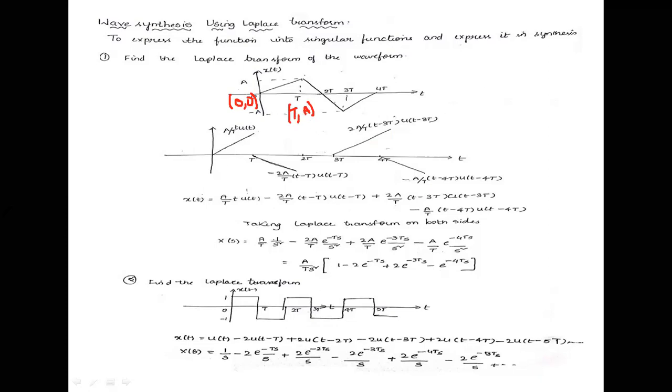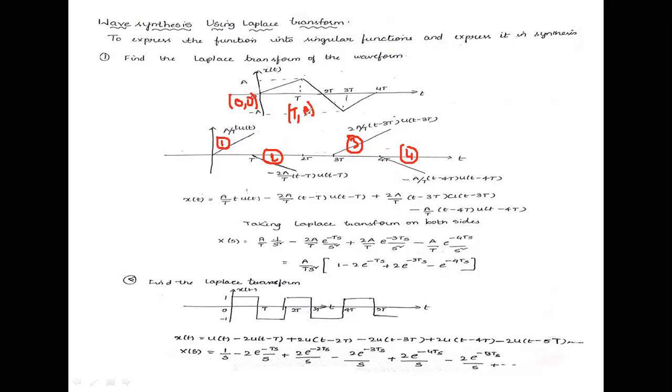The first slope is from 0 up to the T value, then the second slope, the third slope, and the fourth slope. After combining all four, you get x of t, the given signal.